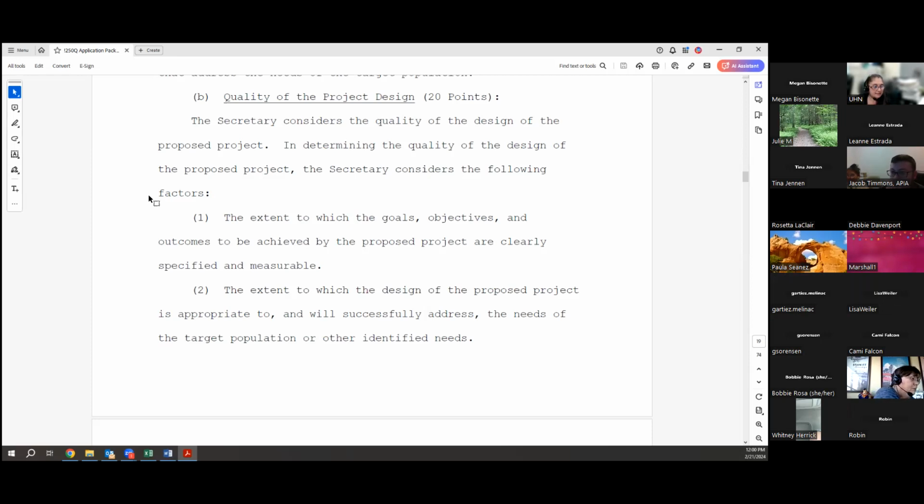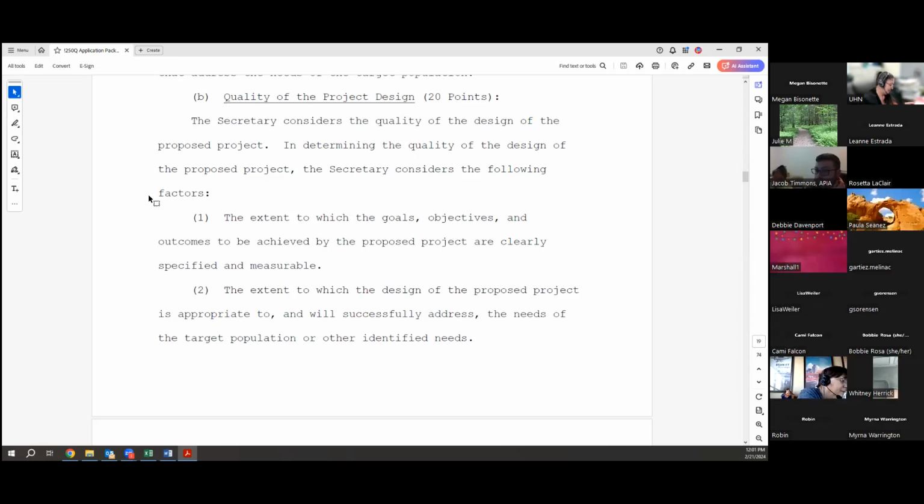What I will say is the consistent goal for most programs is, I've got to pull out my old grant here, to provide comprehensive, culturally appropriate vocational rehabilitation services to eligible American Indians with disabilities who reside within, plug in your area, consistent with their strengths, resources, priorities, concerns, abilities, capabilities, and informed choice, so they may prepare for, maintain, and obtain gainful employment. We're pulling that right out of regulations.